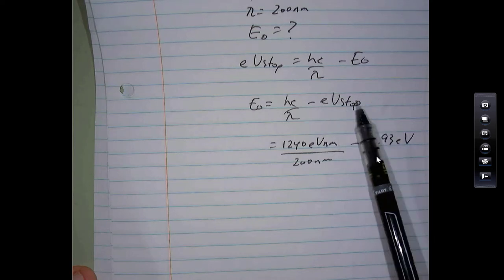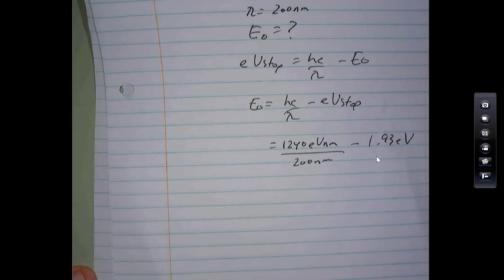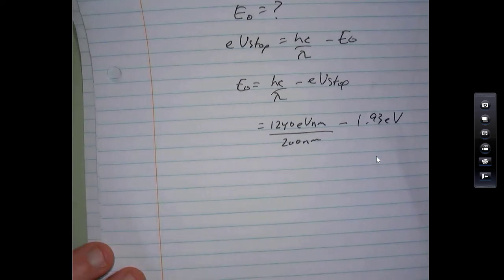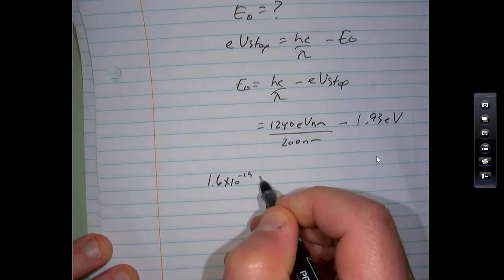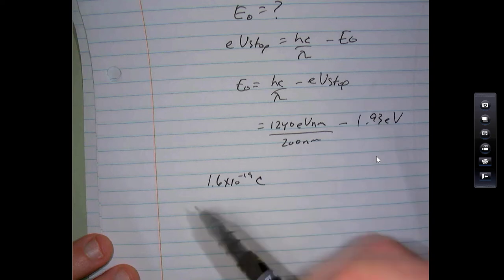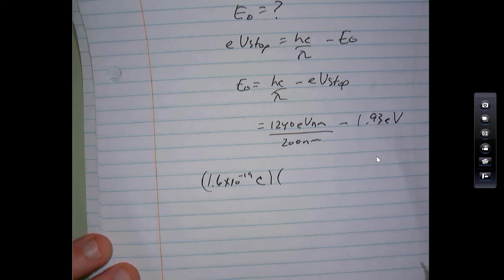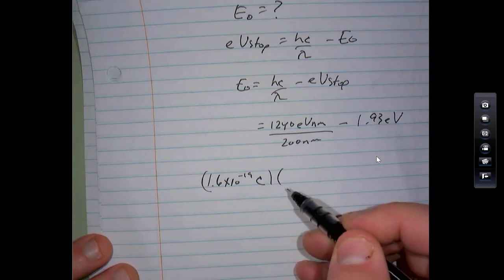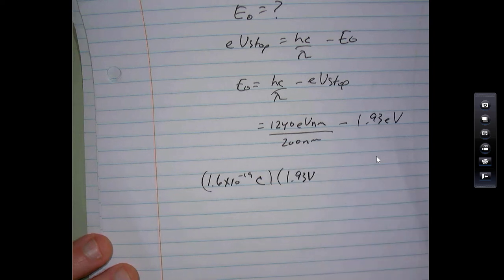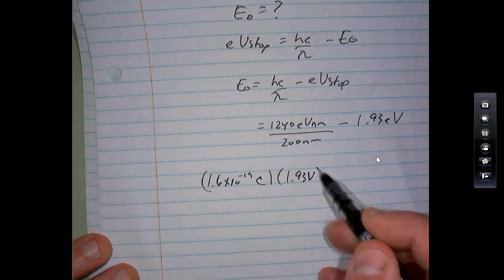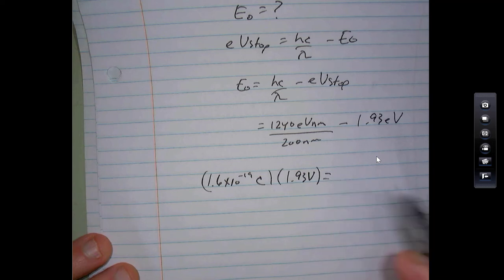This would come out in joules, and then when you convert it back to electron volts, you'd get the same thing. Let me actually show you that. 1.6 to the minus 19th coulombs times V stop, which is 1.93 volts. And then remember, a volt is a joule per coulomb, so this would come out in joules.